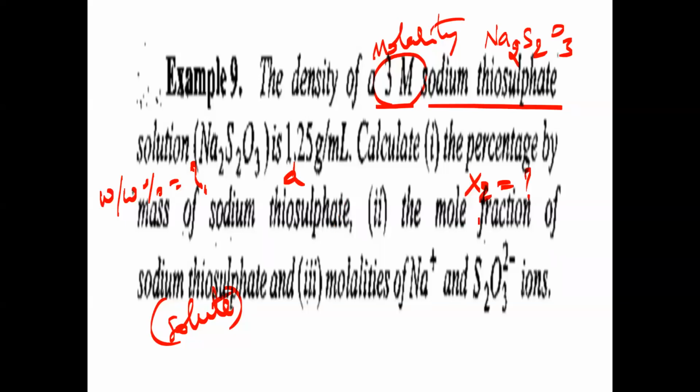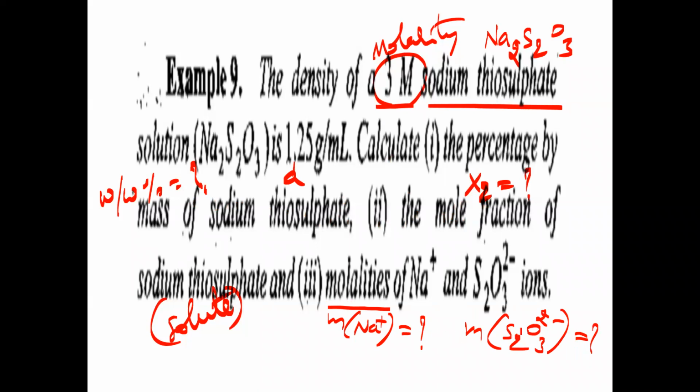So here the W by W percent is asked, and X2 means the mole fraction of solute, sodium thiosulfate. Also asked are the molalities, small m: the molality of Na plus ion, and the molality of thiosulfate ion, that is, of the cation and the anion.